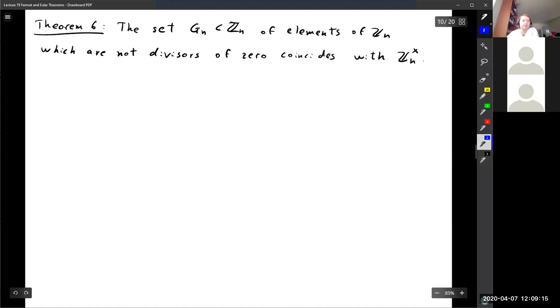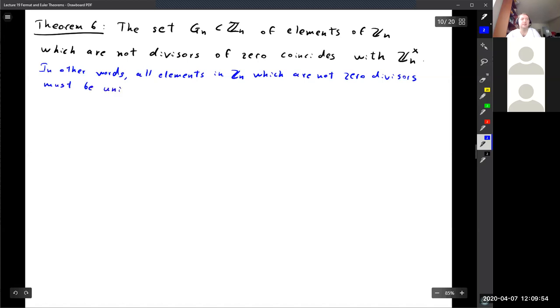So in other words, all elements in Z_n which are not zero divisors must be units.